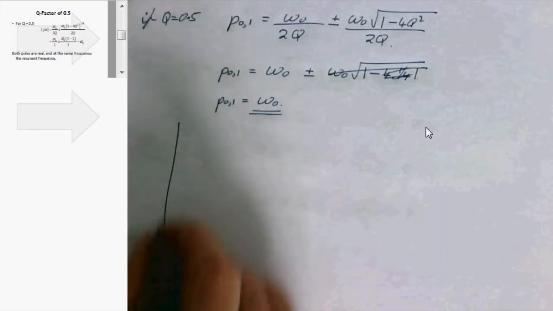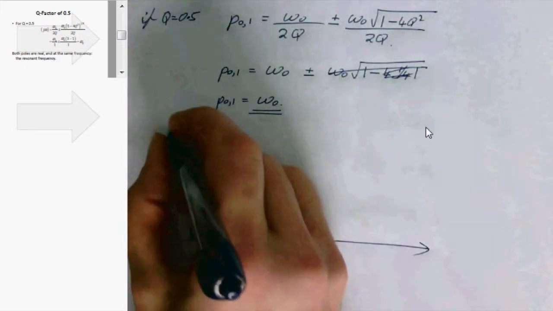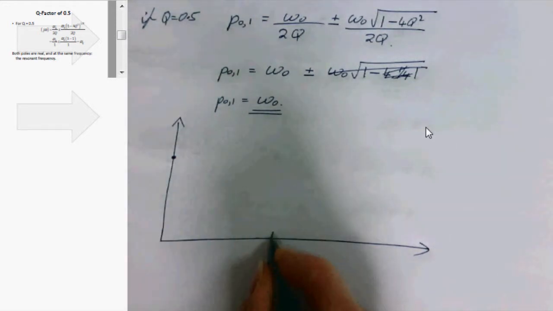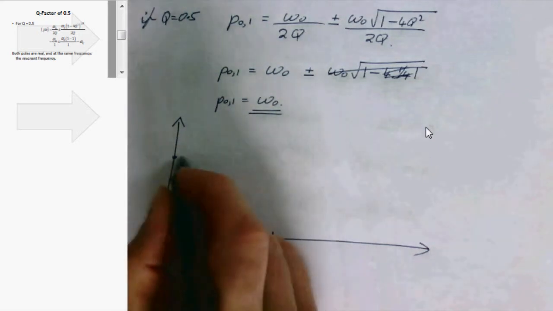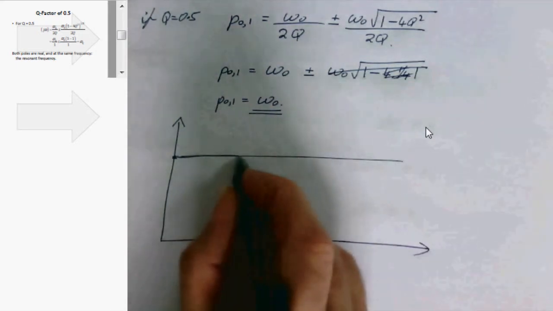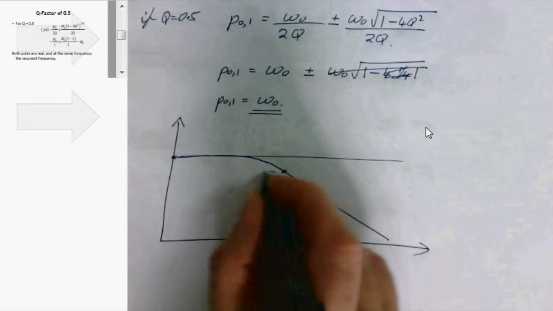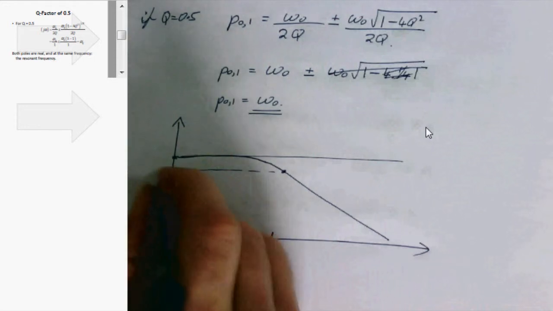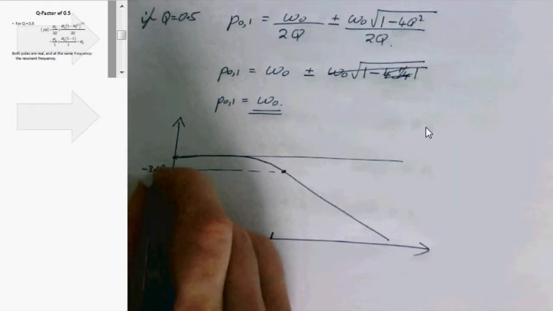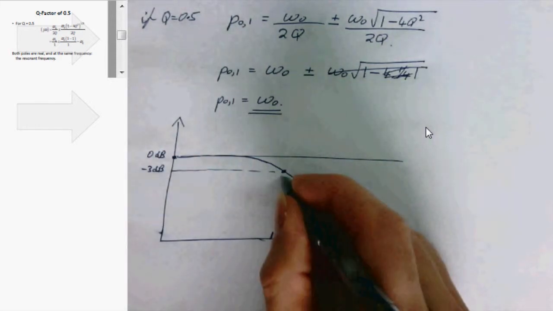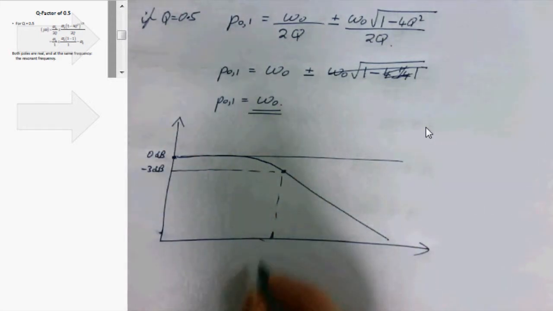Now, if I draw a Bode plot, as we've done several times before, we know that the effect of a single pole at its pole frequency is to lower the gain by, to a very good approximation, 3 dB. So we're 3 dB below the low frequency point at the resonant frequency here.